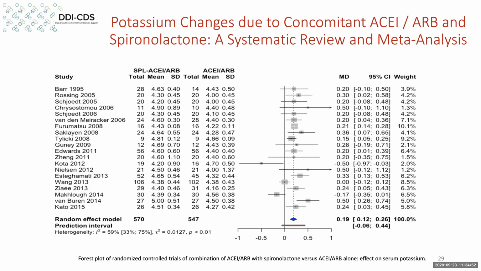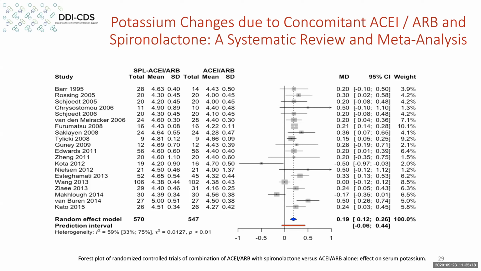And also I have to say that in 16 studies, they used the combination of ACEs and ARBs with 25 milligrams of spironolactone. Two studies used 20 milligrams of spironolactone, and 2 other studies used 50 milligrams of spironolactone.